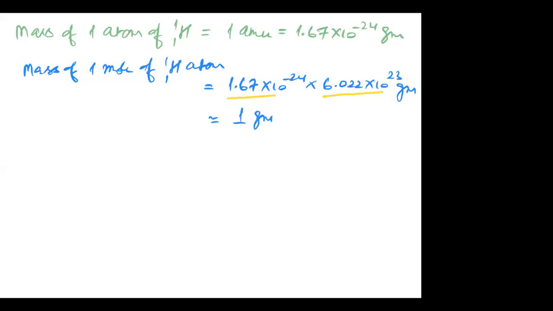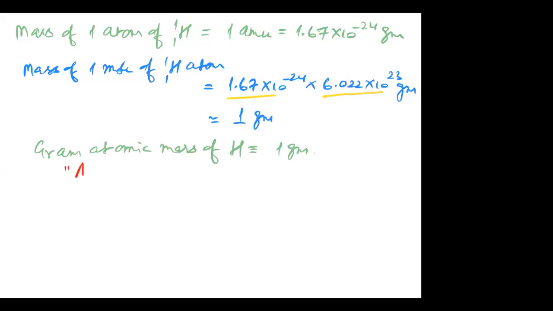And if you remember, gram atomic mass of hydrogen is also found to be the same as 1 gram. So gram atomic mass means it is atomic mass expressed in gram. I hope these things you can remember easily.